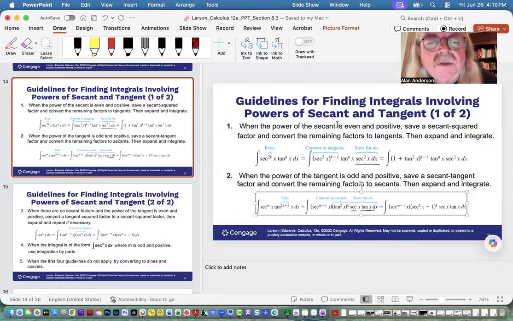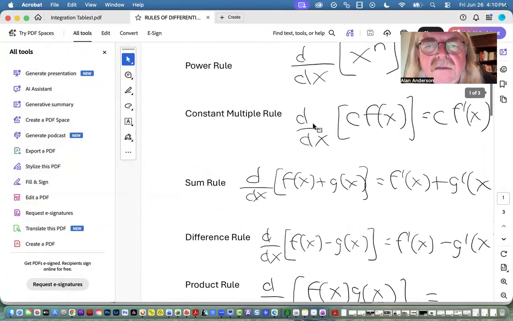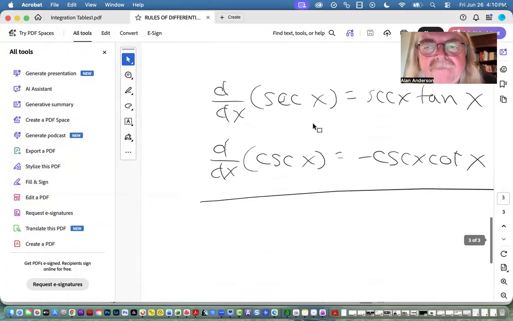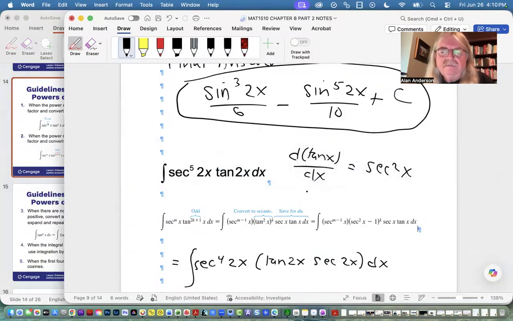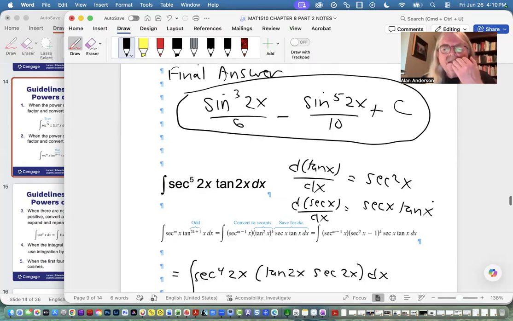But at the same time, the derivative of the secant is the secant times the tangent. Oh, okay.